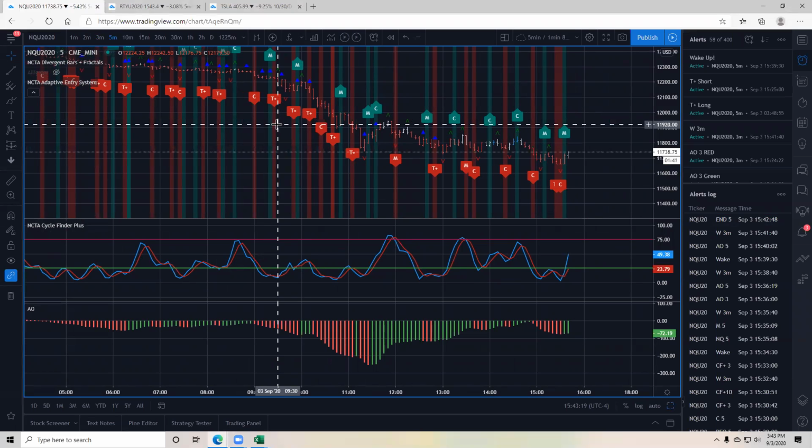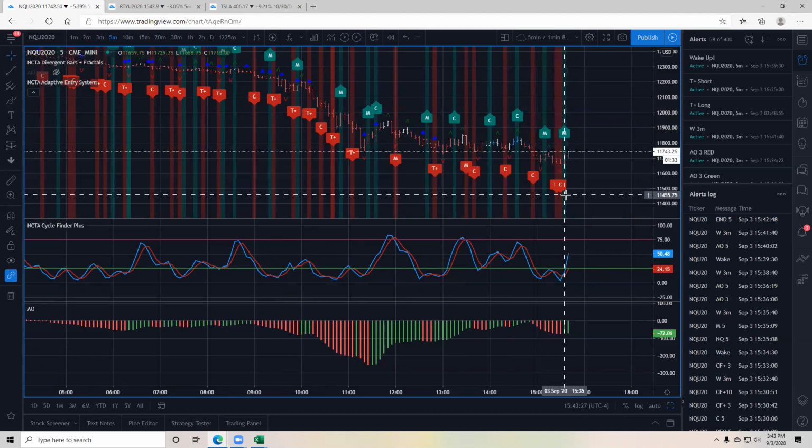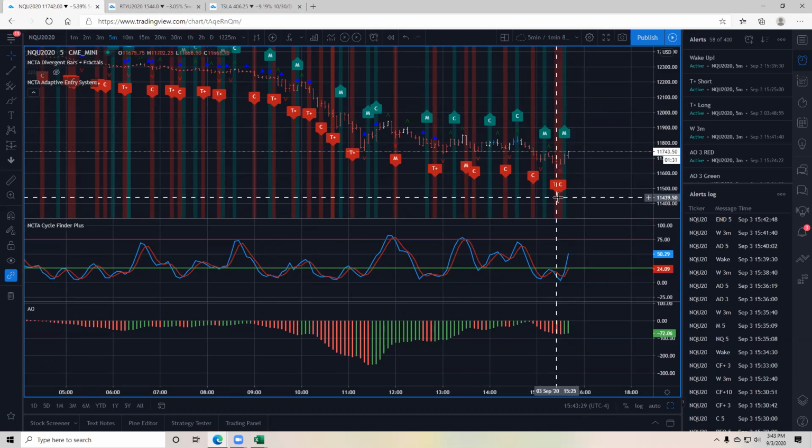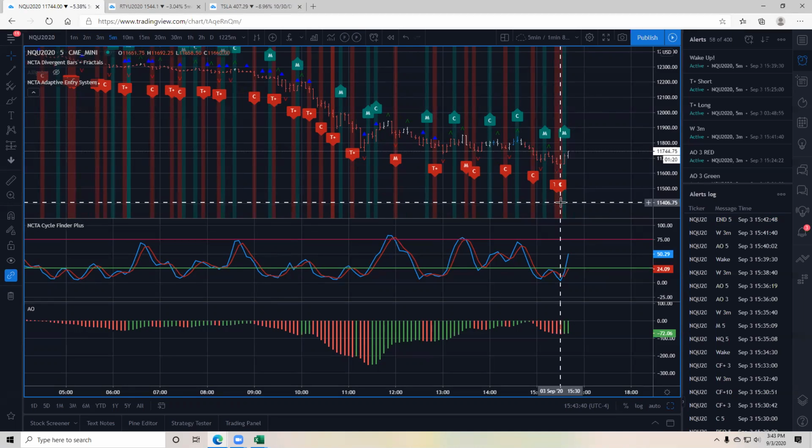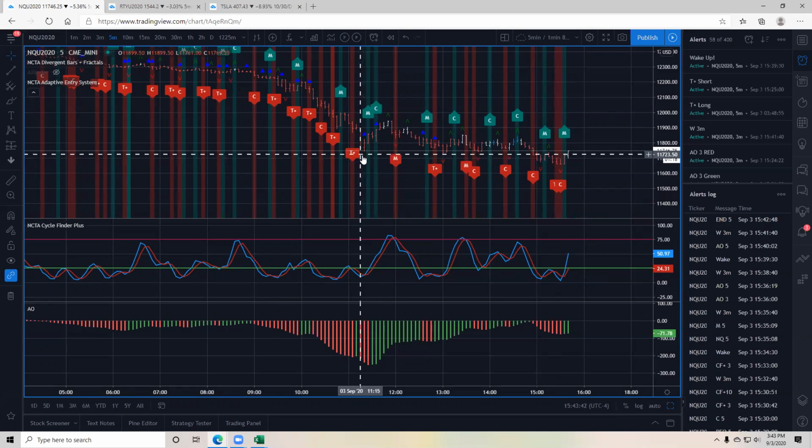We have about 17 minutes left in today's session, and we traded down to a low of 11,658. So we're basically around 600 points down. It's been kind of a wild ride today.